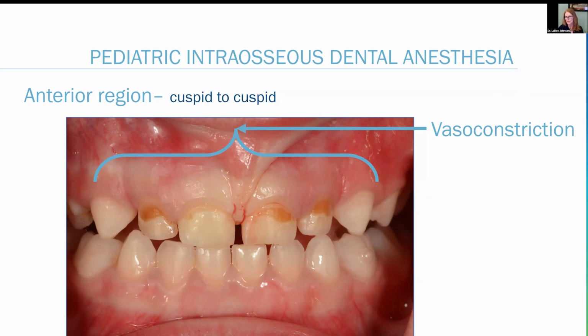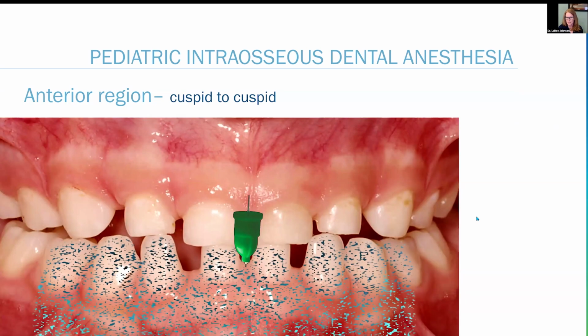I'm gonna give you an example of a child you would want to, but if you're delivering from the buccal and I am using the device and I'm planning to be involved in the pulp, or I'm removing a tooth, if I don't see contralateral blanching on the palatal or the lingual, depending on which arch I'm in, I'm going to move to another site and add some more to make sure that I have profound anesthesia. So again, here, this is the lower.